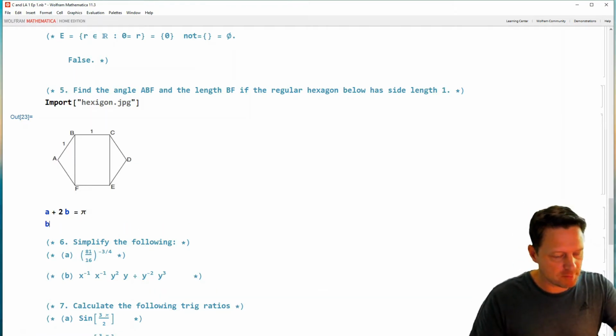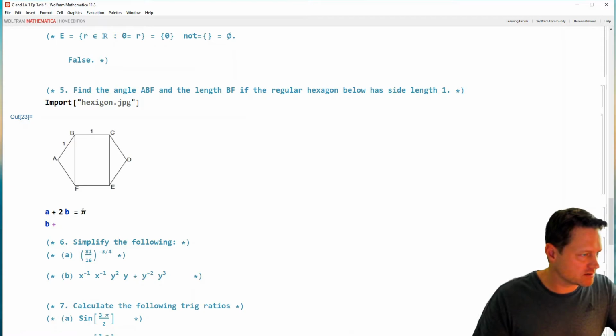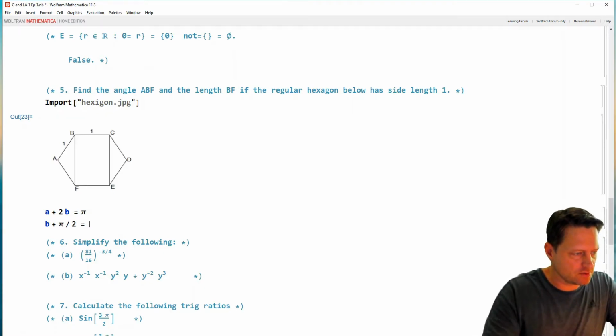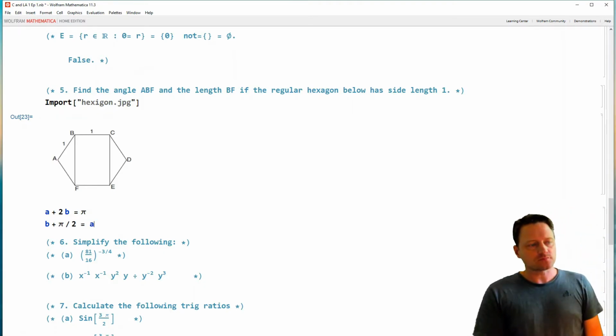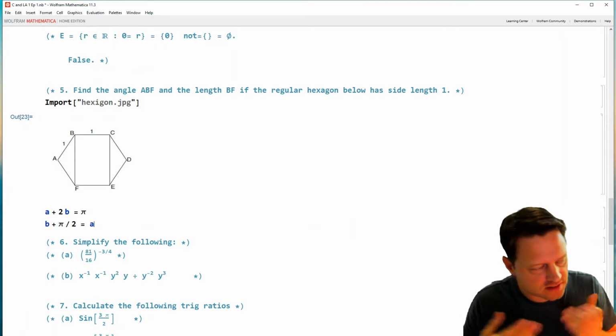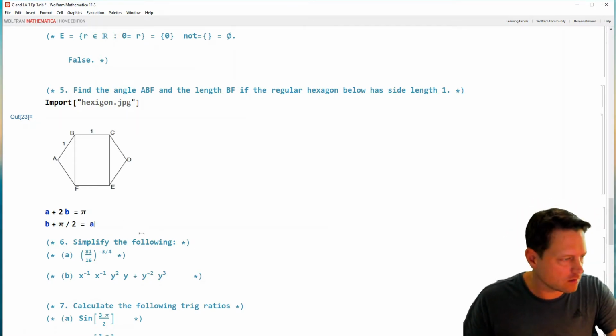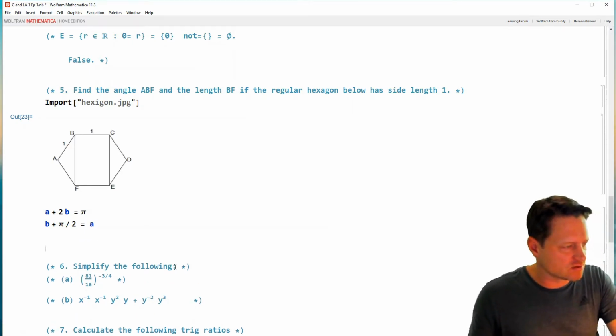Okay, so let's write b plus pi on 2 will add up to a. And now what we need to do is solve these simultaneous equations here. Okay, so I can do this by hand, but I'll also show you how to get Mathematica to do that for you.